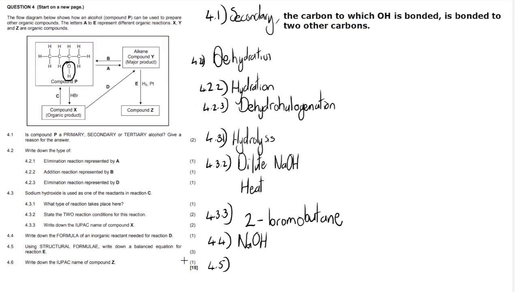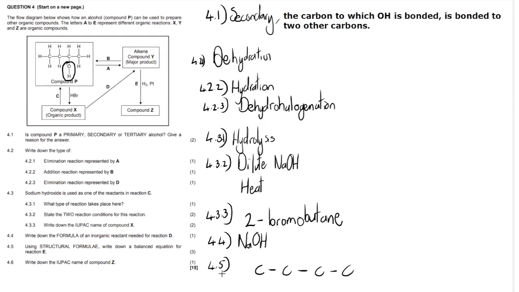Using structural formulae, write down the balanced chemical equation for reaction E. We have that butene, I believe. Where is the double bond?